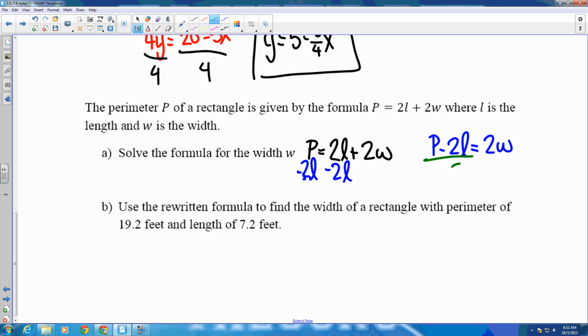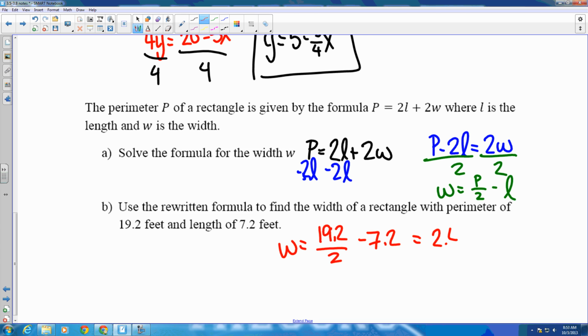We need to divide both sides by 2 to get that W alone. So P over 2 minus L. And then we're going to use our rewritten formula to solve for the width of a rectangle, where the perimeter is 19.2 and the length is 7.2. So W equals 19.2 divided by 2 minus 7.2, which is 2.4 feet.